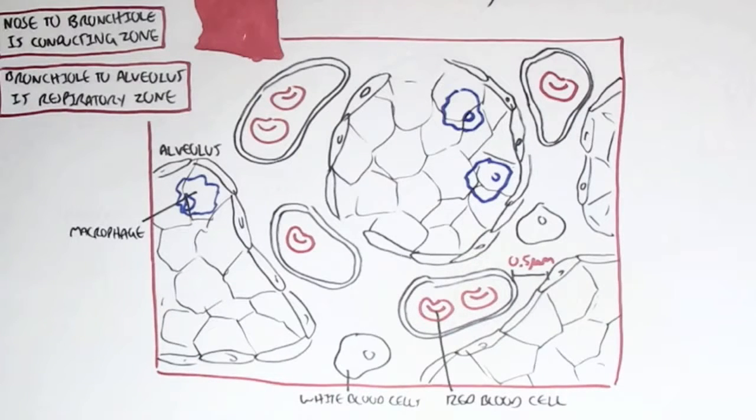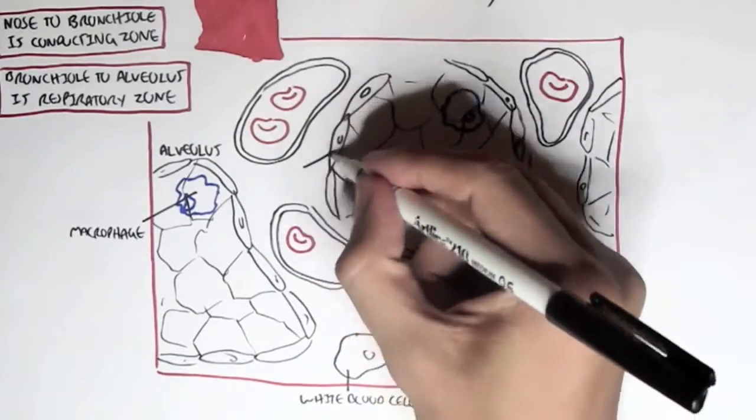So pathogens, bacteria, small things, dust particles can enter our lungs and can potentially damage them. And this is where the white blood cells play a role, in that they stop these invading things from damaging our body.